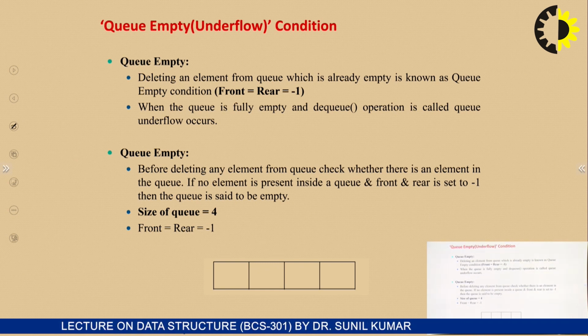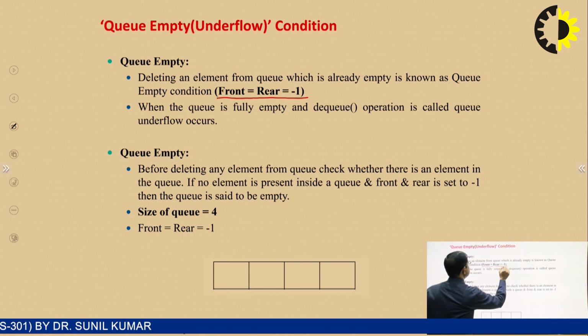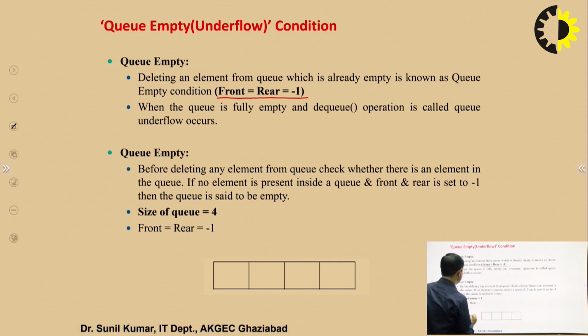How to check whether the queue is underflow or not? If this condition occurs, that is front equal to rear equal to minus 1, that means there is no element.